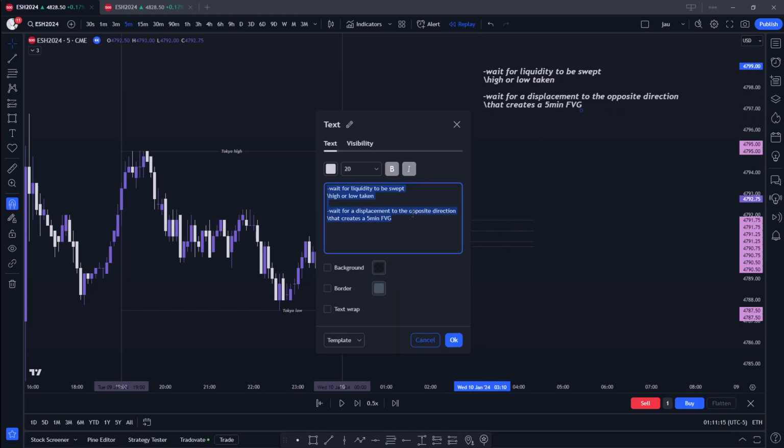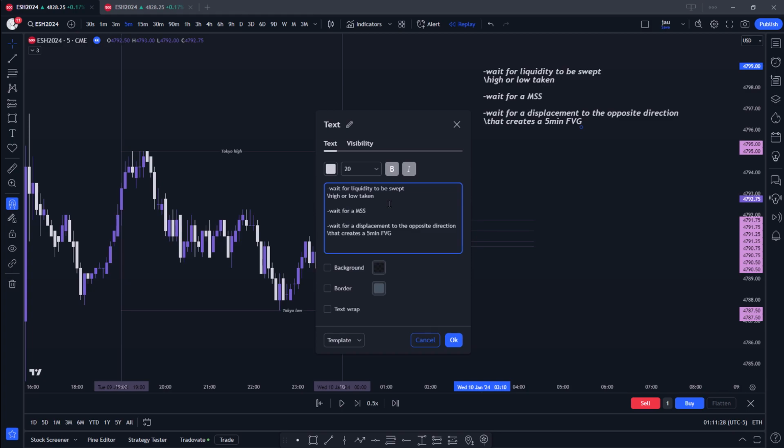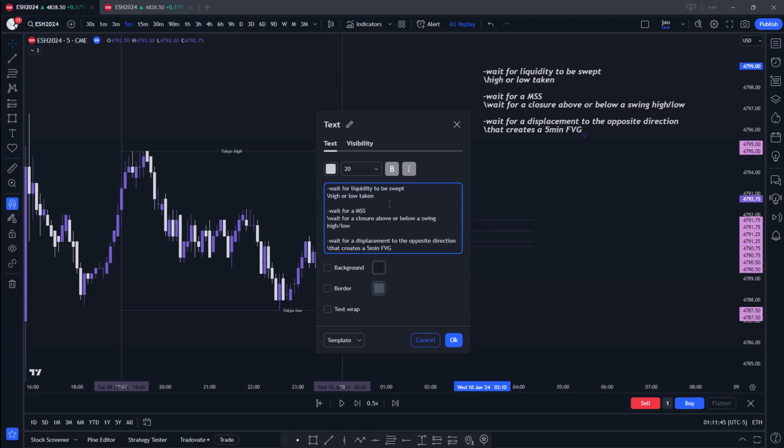When we've gotten that displacement, actually before this I should have noted that we should be waiting for a market structure shift as well. Market structure shift, and with mine specifically I wait for a closure above or below a swing high or low.